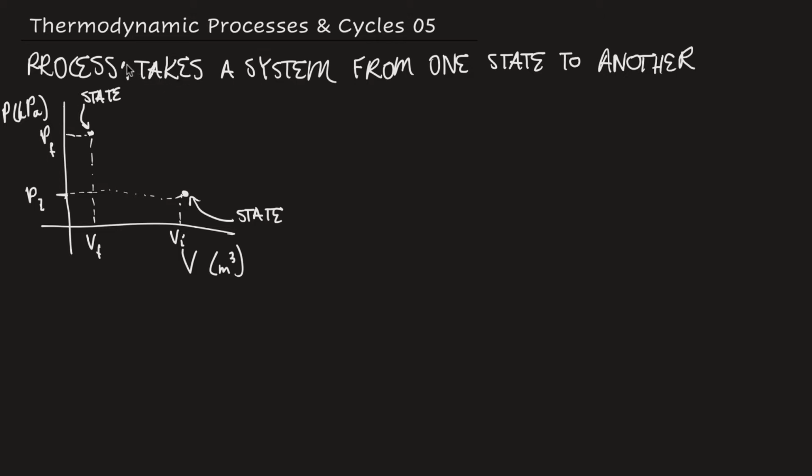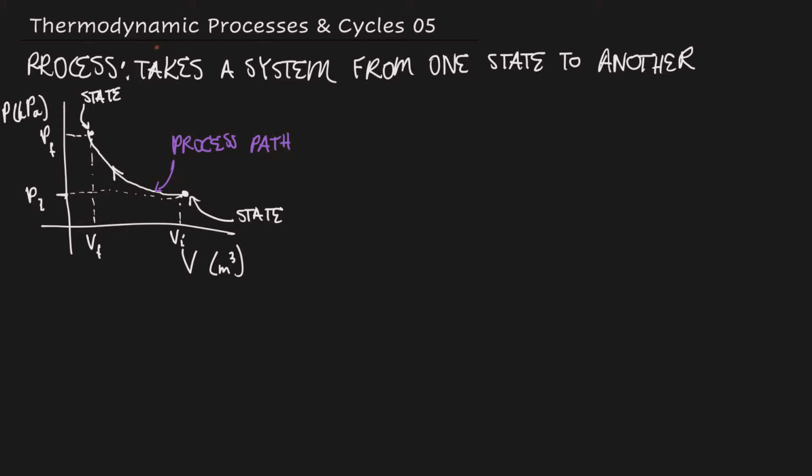And because the process takes our system from one state to another, if we draw this line, it represents the process, and the line itself represents the process path.